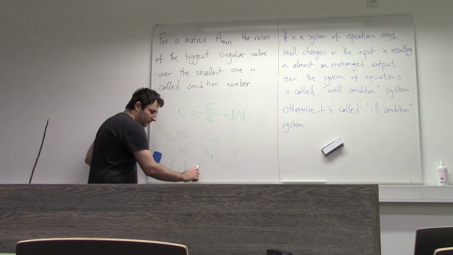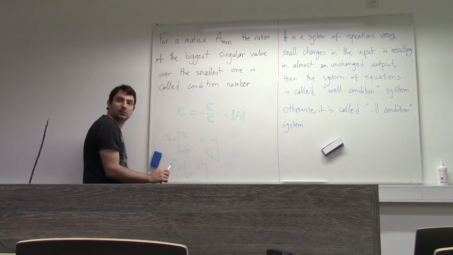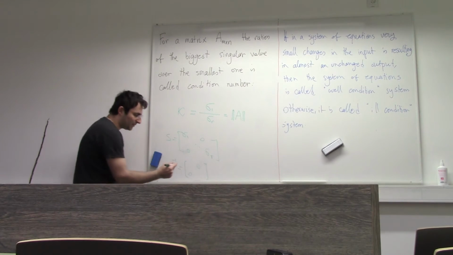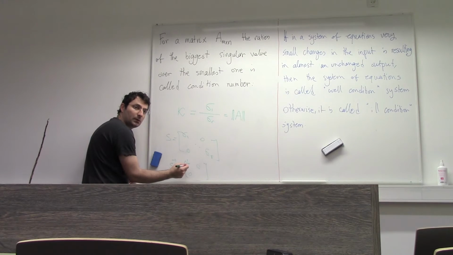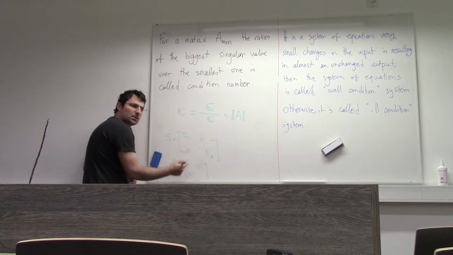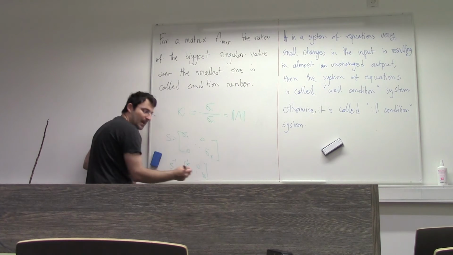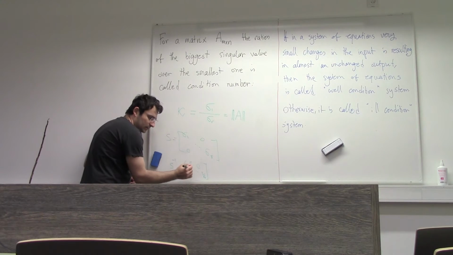It's again diagonal, whose elements are just 1 over the values. So can you tell me what this one is? 1 over sigma 1, 1 over sigma whatever, which I write as this, right? Yeah.